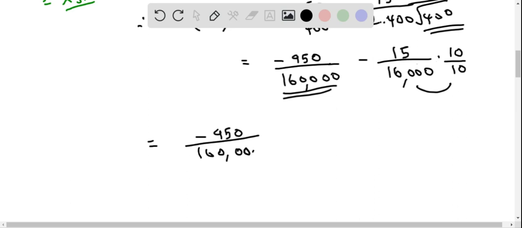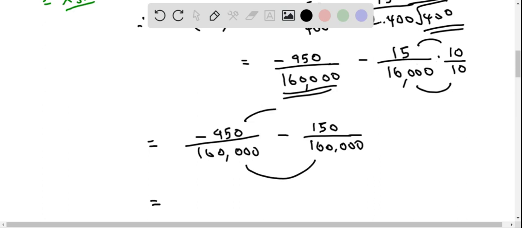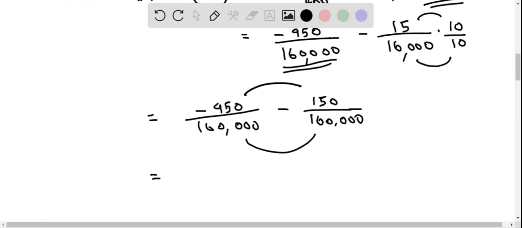This is the first fraction. And the second fraction is 15 times 10, which is 150, so this is negative 150 over 160,000, since 16,000 times 10 is 160,000. Now that we have a common denominator, we can combine the numerator terms. So it is negative 950 minus 150, over 160,000.